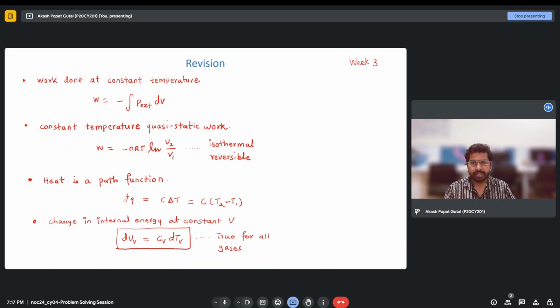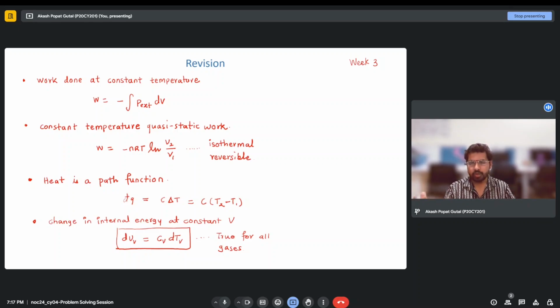This negative sign is because when you consider the work done by the system, it should be negative.